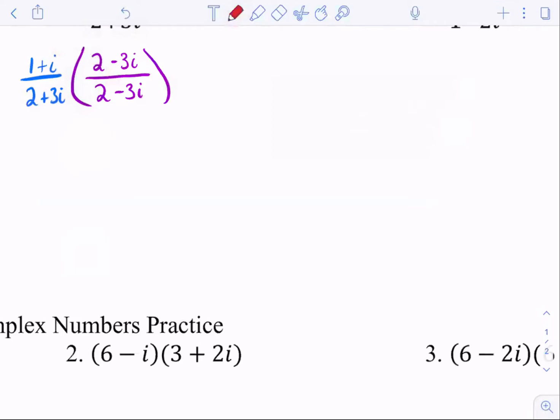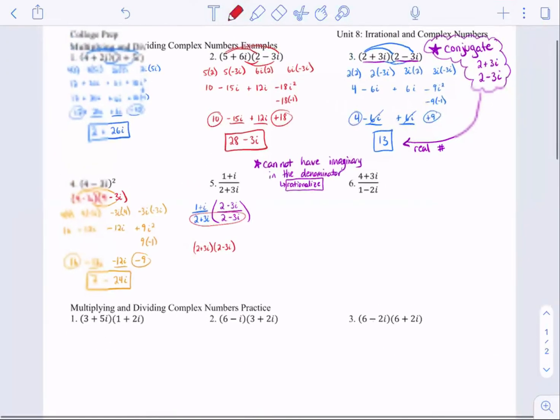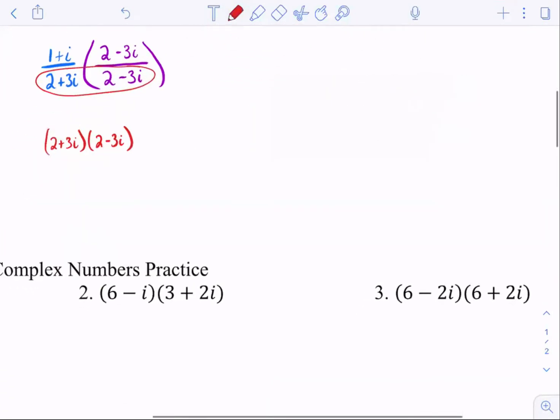So I'm going to actually do this math at the bottom here. So 2 plus 3i, 2 minus 3i. We actually, I think, did the same exact problem up there. Yeah, we did. So you get 2 times 2 is 4. 2 times negative 3i is negative 6i, positive 6i, and then we get negative 9i squared.